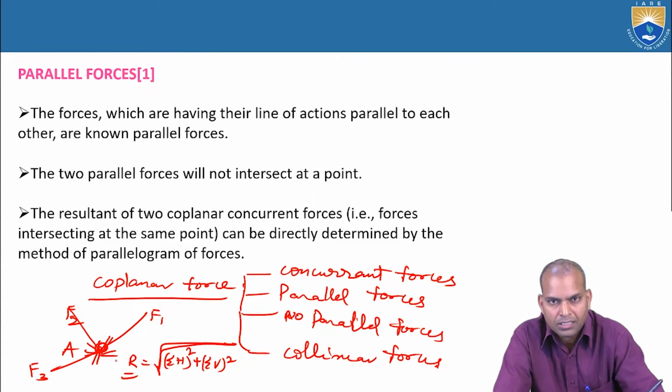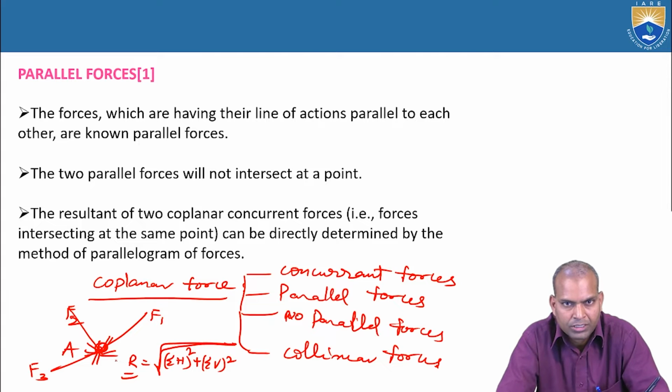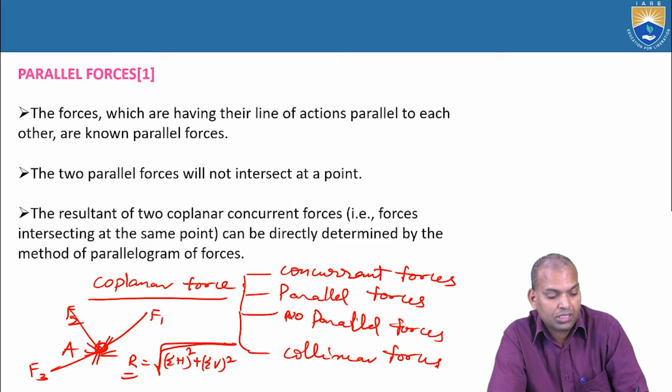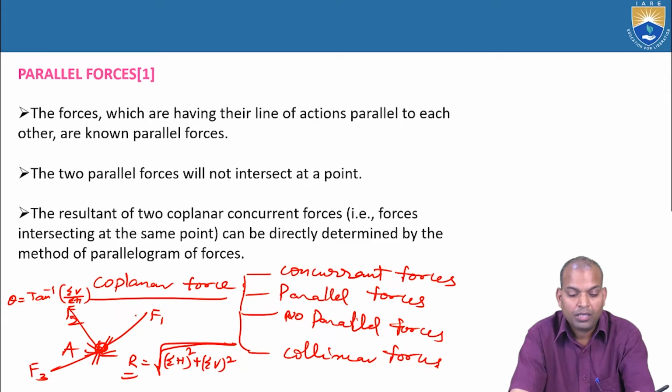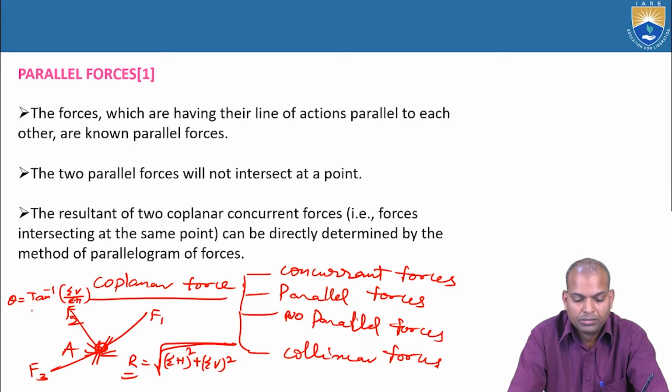This R is the magnitude of the resultant force. What about direction? The direction theta equal to tan inverse of sigma V by sigma H gives the direction. So far we have covered this: the resultant force of a coplanar concurrent force system.